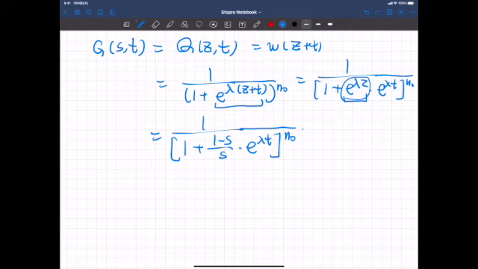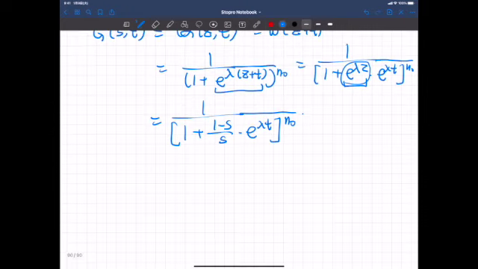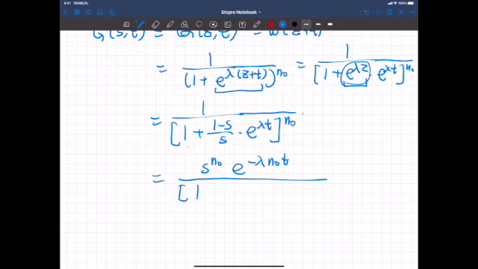Okay, so let's make it prettier a little bit. So this becomes s to the power of n0 times exponential of negative lambda n0 t, over 1 minus exponential lambda t times s, to the power of n0.